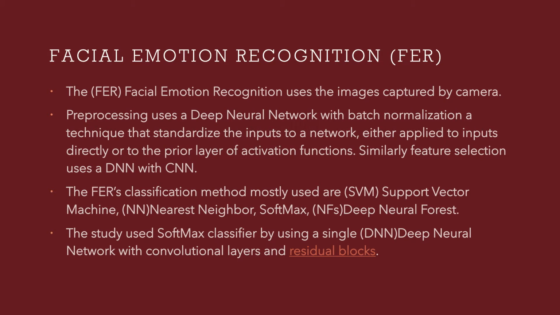The classification methods mostly used for FER are SVM, or support vector machine, NN or nearest neighbor, softmax, and NFS or deep neural forest. In this study, they use a softmax classifier by using a single DNN, deep neural network, with convolutional layers and ResNet or residual blocks.